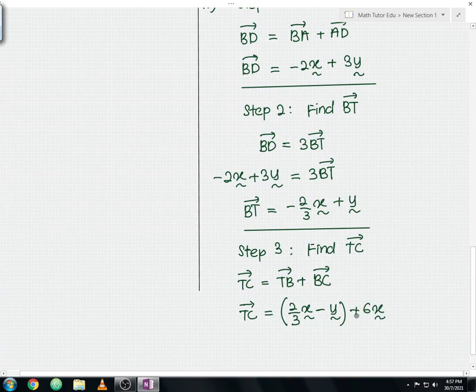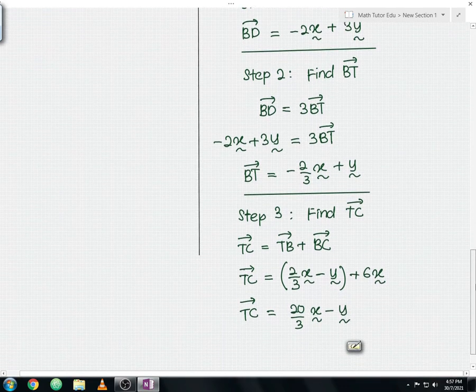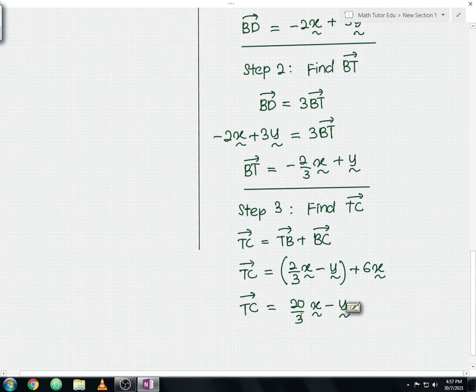You add all of the values. So you should get the vector TC is equal to 20 over 3 x minus y. So this is the answer for question A part 2. Let me underline the solution.